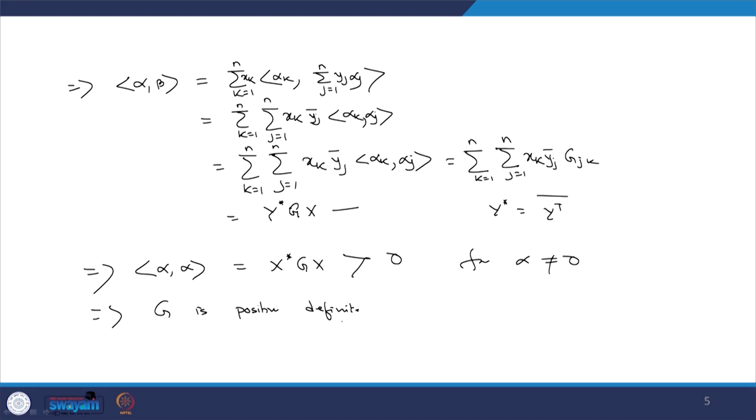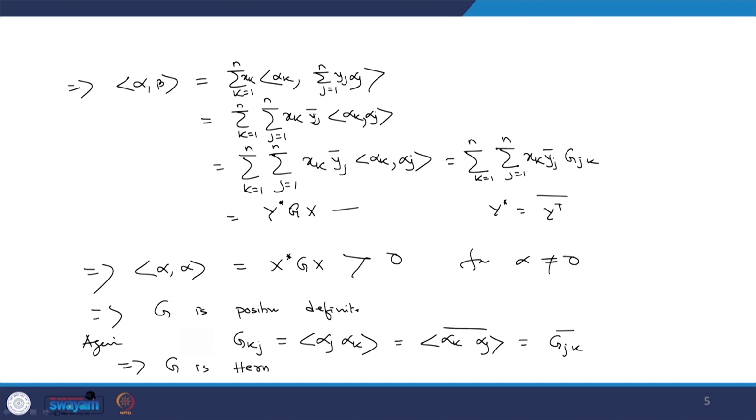Again, G_kj equals the inner product of alpha_j and alpha_k, which is equal to the conjugate of the inner product of alpha_k and alpha_j. So this is equal to G_jk bar. This implies G is Hermitian. Since X star G X is strictly greater than 0, I can say that G will be invertible.